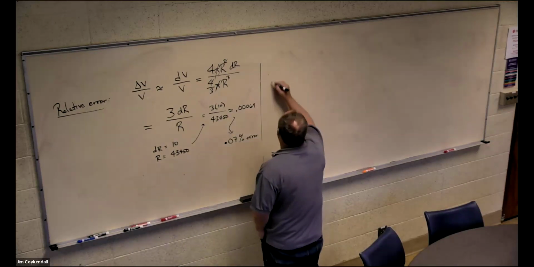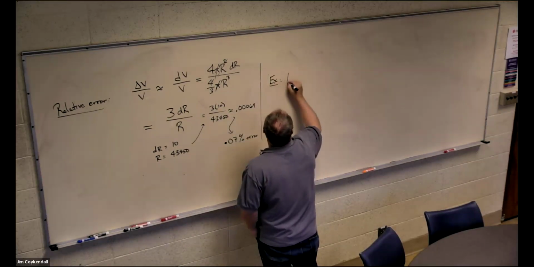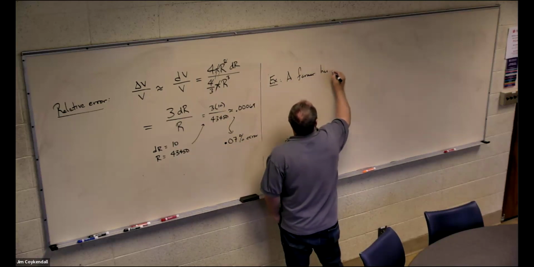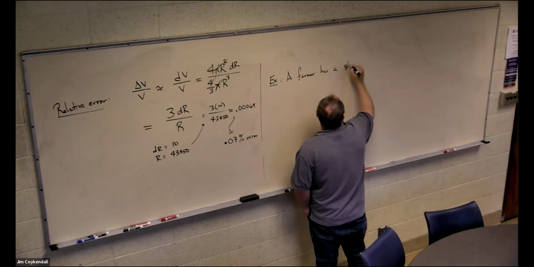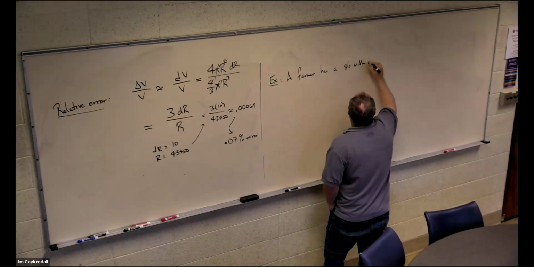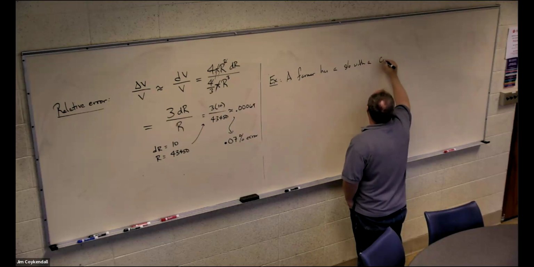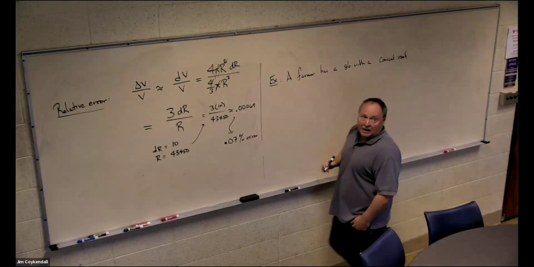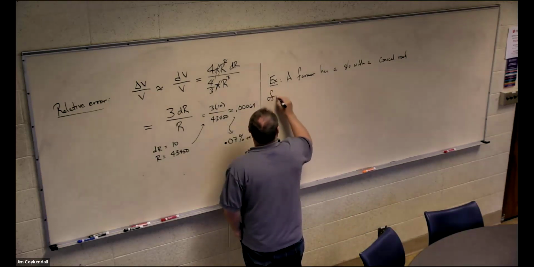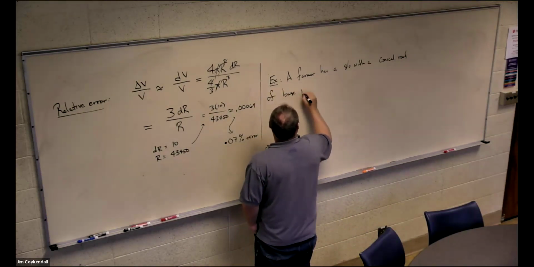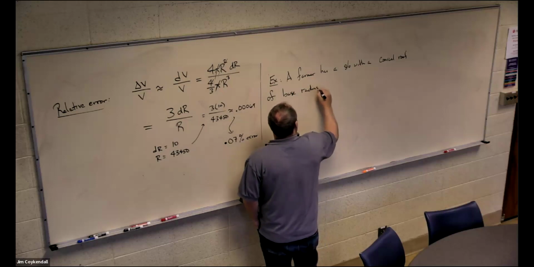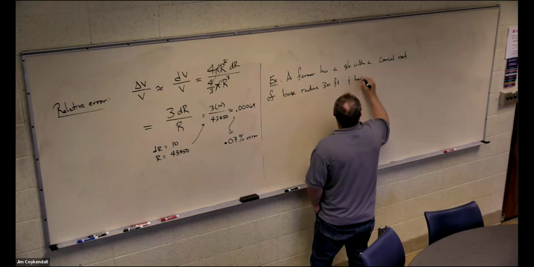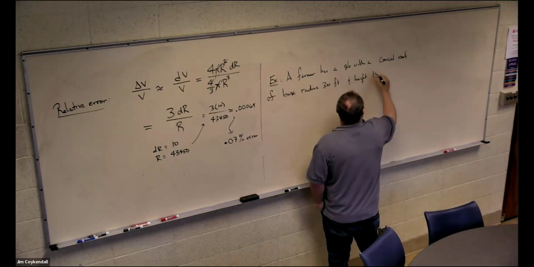So, for example, a farmer has a silo with a conical roof of base radius 30 feet and height 15.